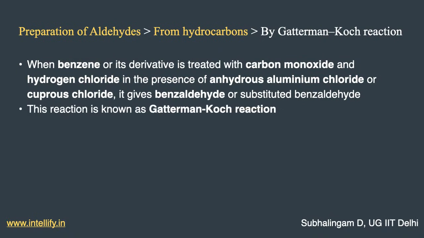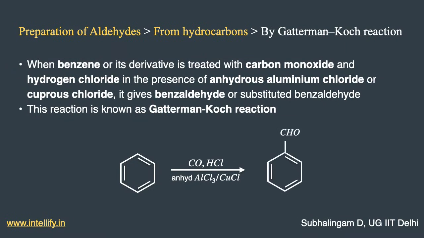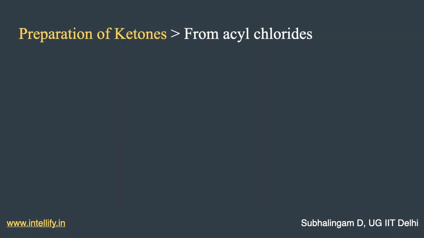This reaction is known as Gatterman-Koch reaction. For example, I have taken benzene, treating it with CO, that is carbon monoxide, and hydrochloric acid in presence of anhydrous aluminum trichloride or cuprous chloride. I get benzaldehyde.